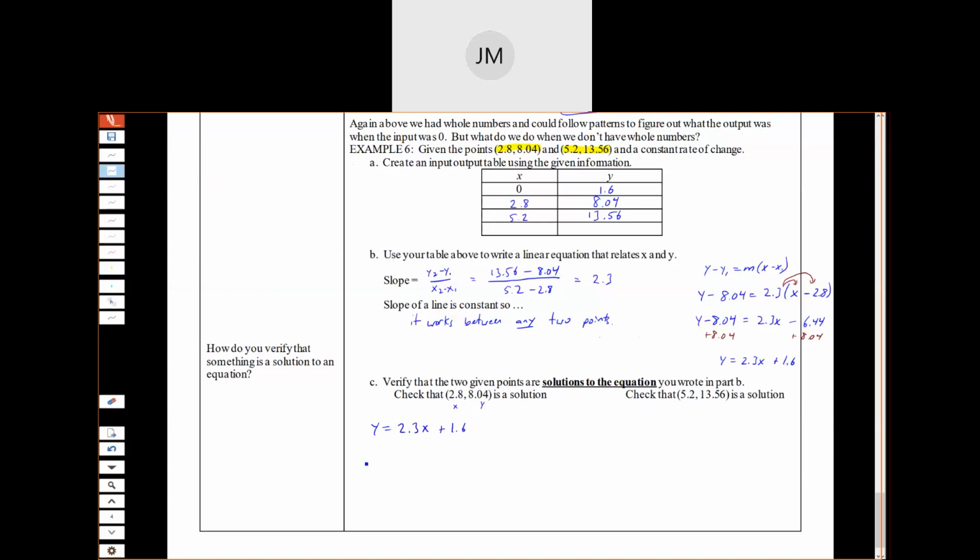So I plug in the y value, plug in the x value. Okay, and I'm just going to see if things match on both sides. So if I take 2.3 times 2.8, I get 6.44. And if I take 6.44 and add 1.6, I get 8.04.